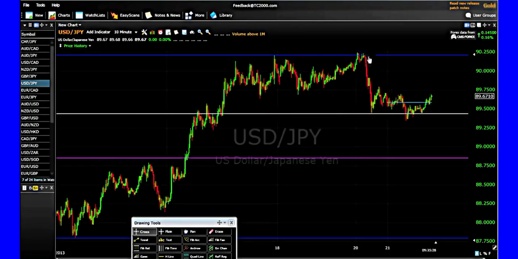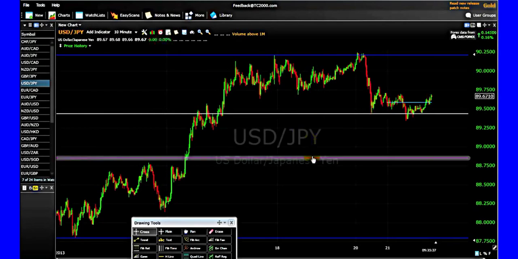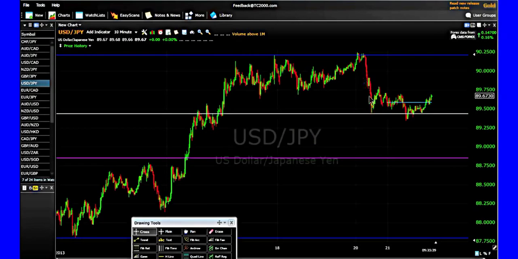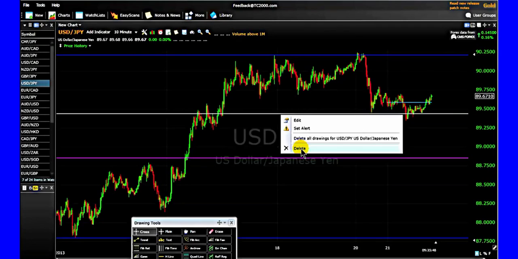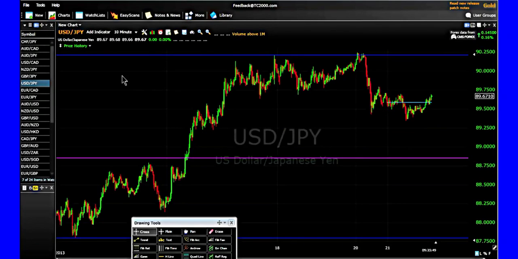But also pay attention to the middle line. I don't want to call it the median line this time, I want to call it the middle line, between the blue and the pink one. You see how they rolled it down, and now they are stuck here. It's a kind of support level. But I will not draw that line on my chart. I will remove that one, but I'm aware of it.